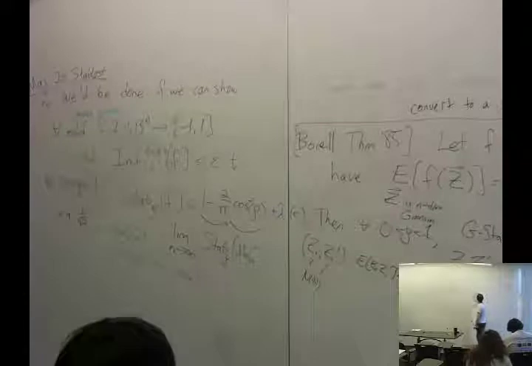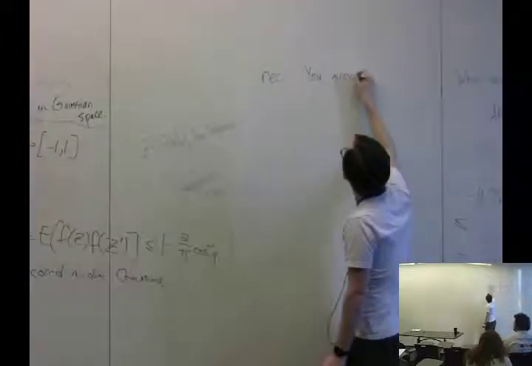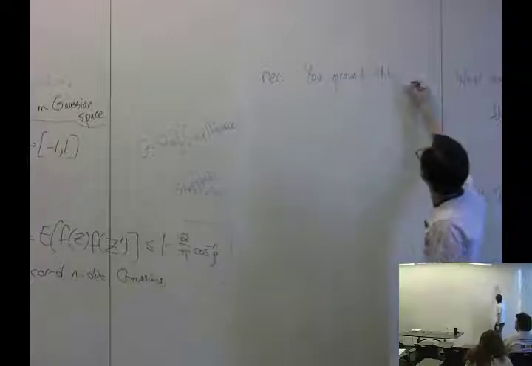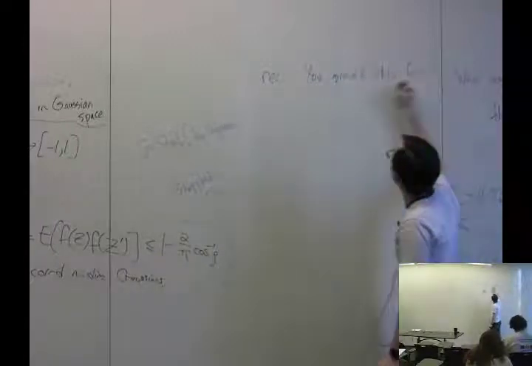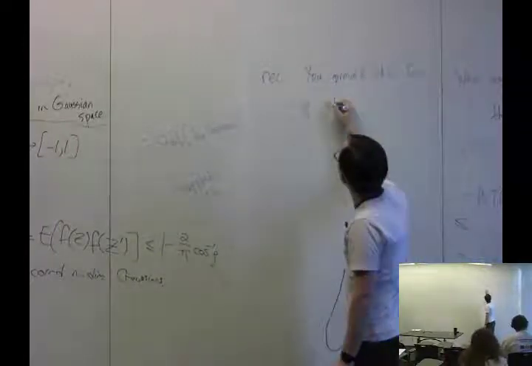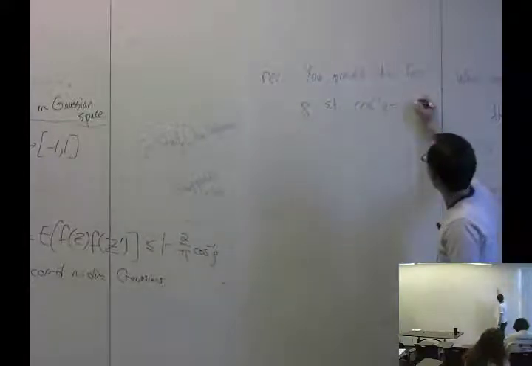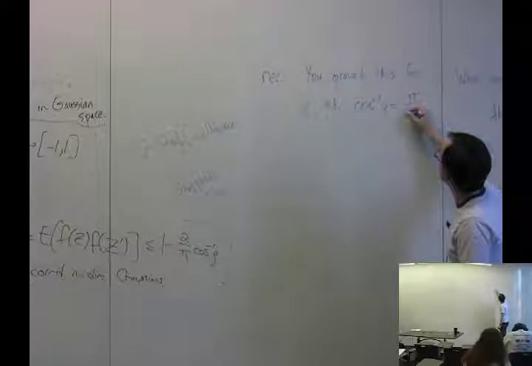And I'll remind you that you actually proved this very theorem for certain values of rho. So you proved this for rho such that cos inverse rho is of the form pi over 2 times an integer.